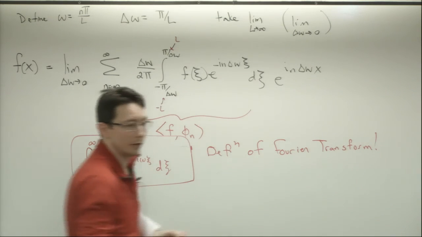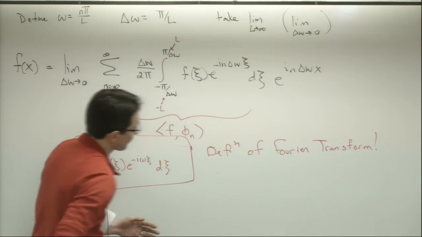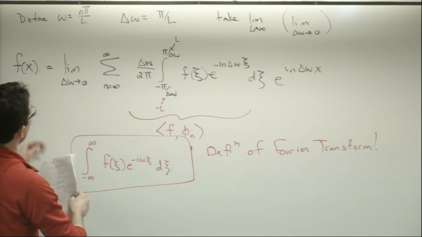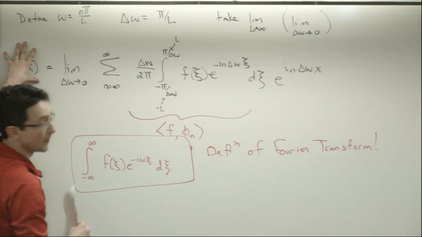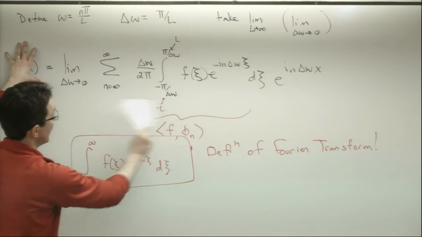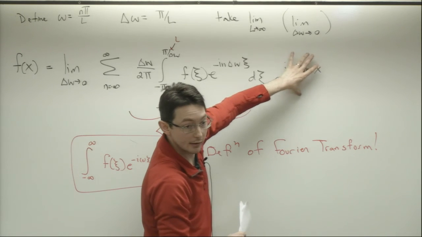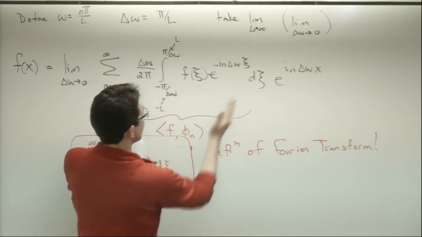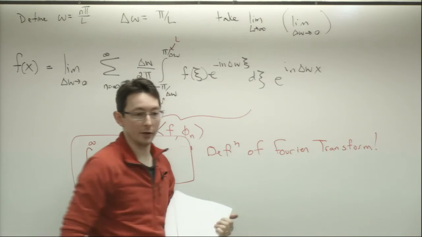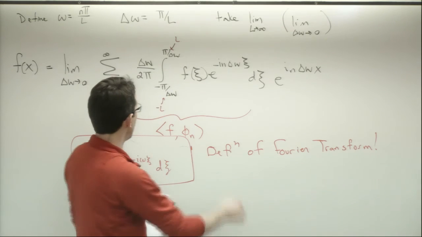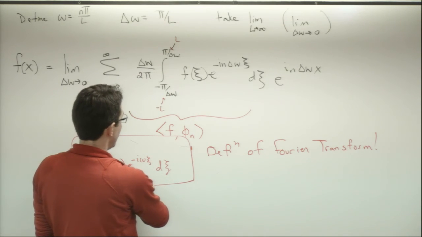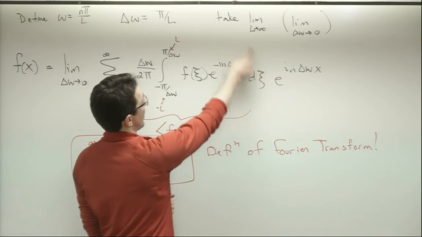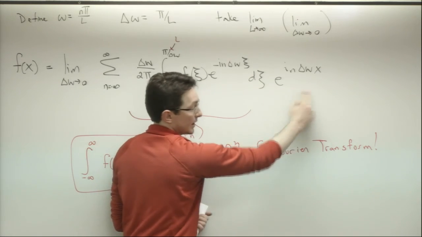Okay, so let's think about how to interpret this. We can write our function as an infinite sum of basis functions, and these are the coefficients of those basis functions. So my Fourier transform is essentially just the coefficients of these frequency components.